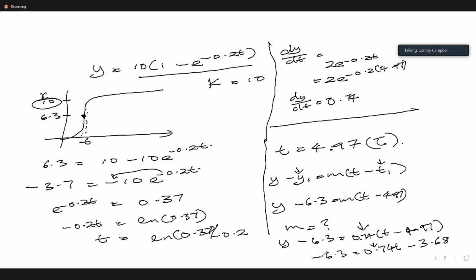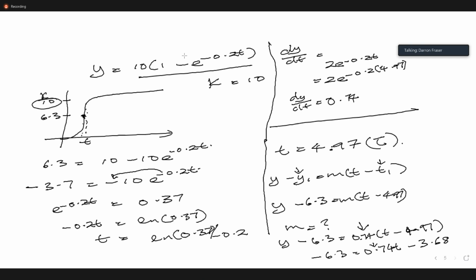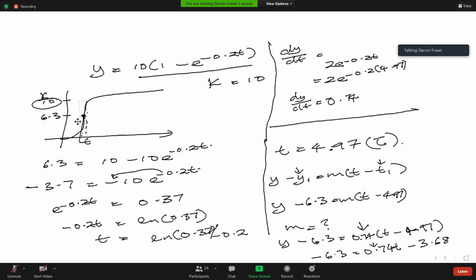So remind me why 0 again? Because you want the line, the tangent line, to cut the axis. So you want the point here.